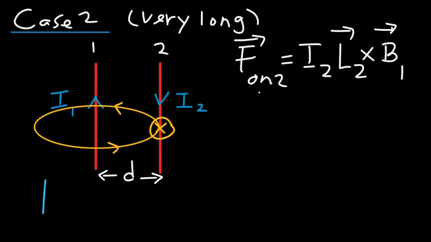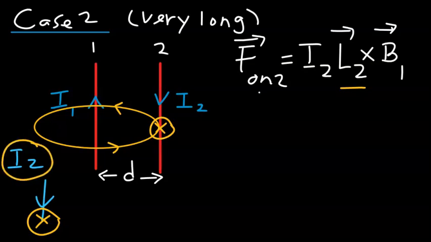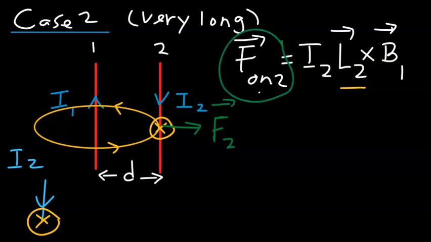However, note that now the current I2 is going down, and the magnetic field is going into the board. So these two vectors are perpendicular to each other. Note that the vector L2 has the same direction as the current I2. Making the cross product of these two vectors will result in a force F2 going to the right. So that is the force on conductor 2.